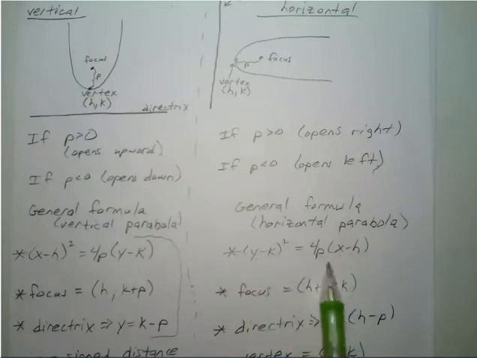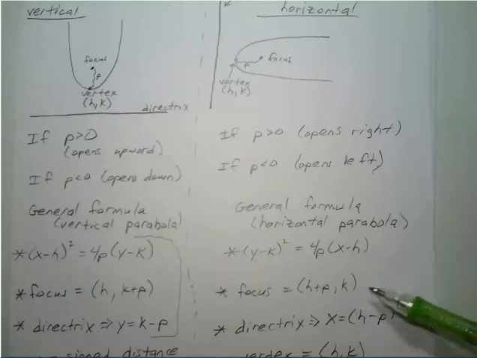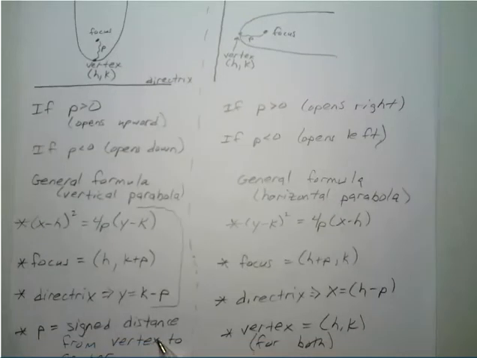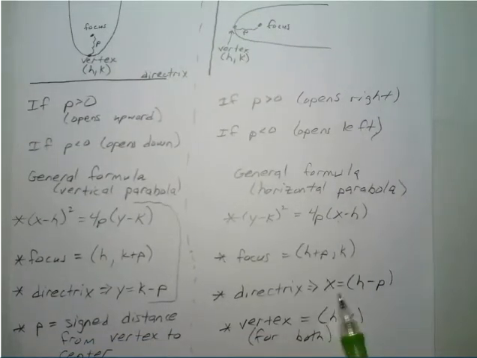This is just the general formula. Okay, so to find the focus of the horizontal parabola, it's going to be (h plus p, k). To find the directrix, it's going to be x equals h minus p. And the vertex for both is always the point (h, k).